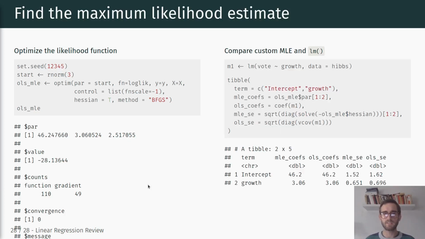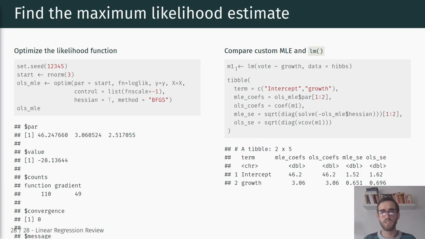The key point is that we can go back and compare our custom maximum likelihood estimate to the pre-packaged lm function to confirm that what we're doing using maximum likelihood techniques conforms with the basic linear regression.